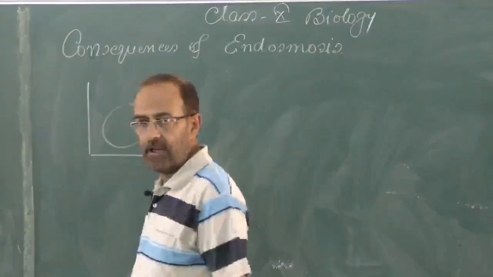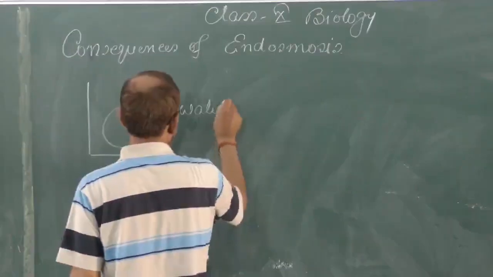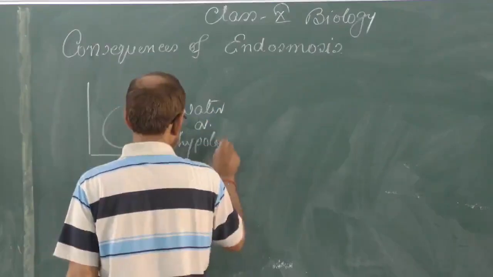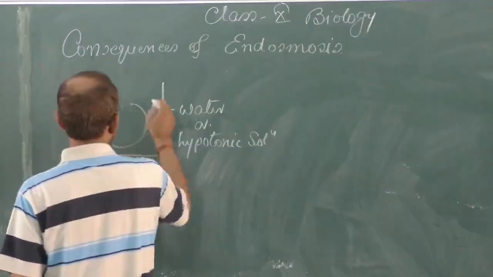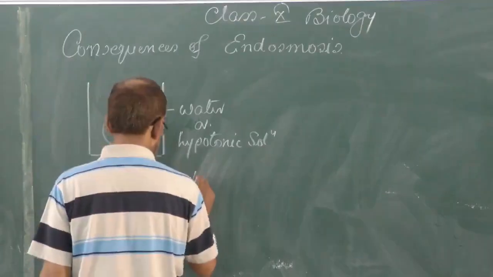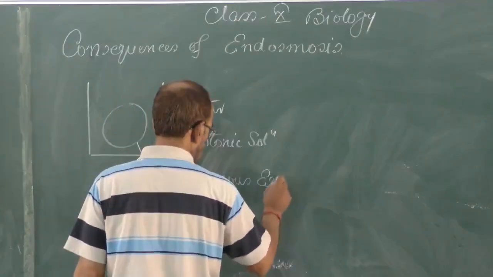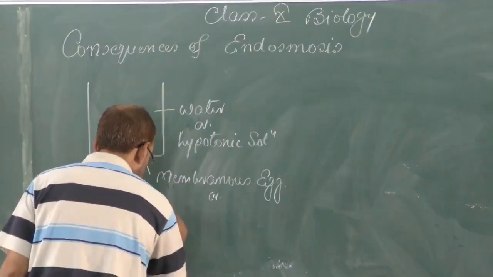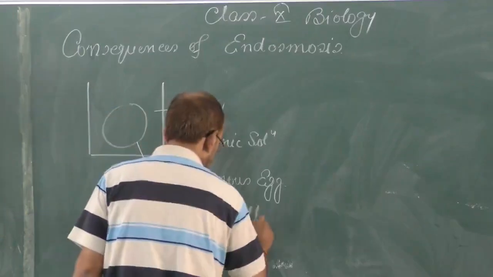Suppose this is a container in which we take water or hypotonic solution. And this is a membranous egg, or a plant cell.